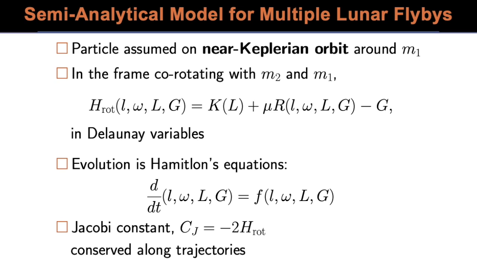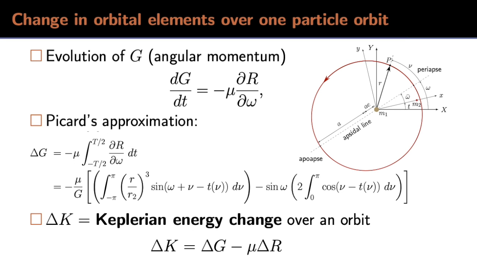And so the evolution is Hamilton's equations, and we're particularly interested in this evolution of the angular momentum, because we use something called Picard's approximation to find out what is delta G, what is the effect of the moon's perturbation over one geocentric orbit.